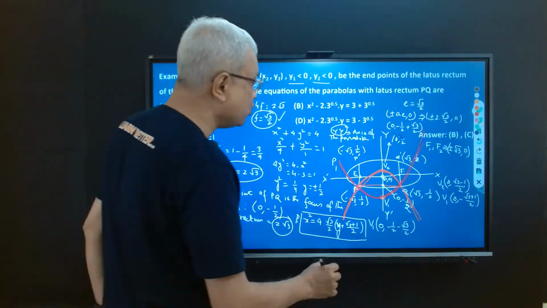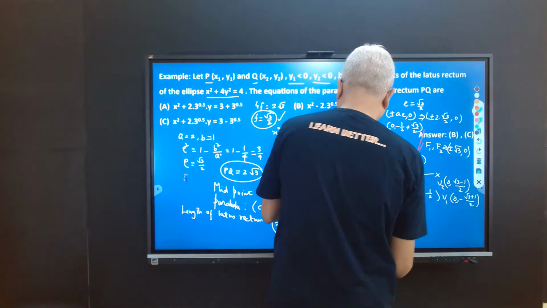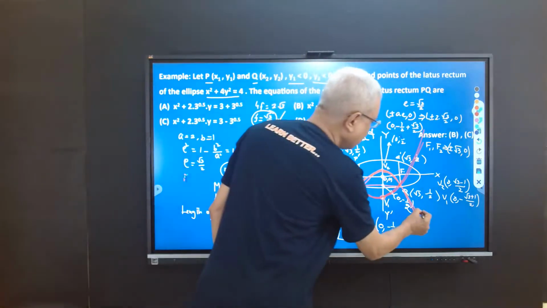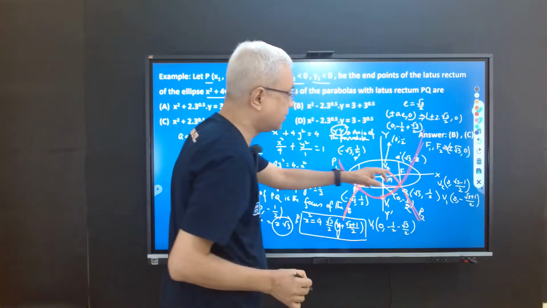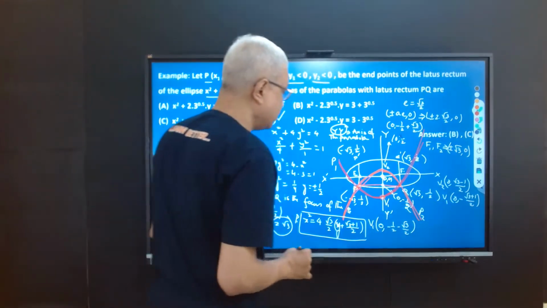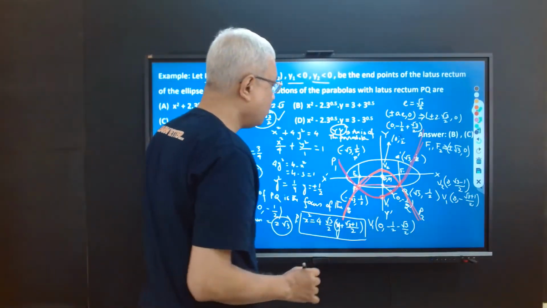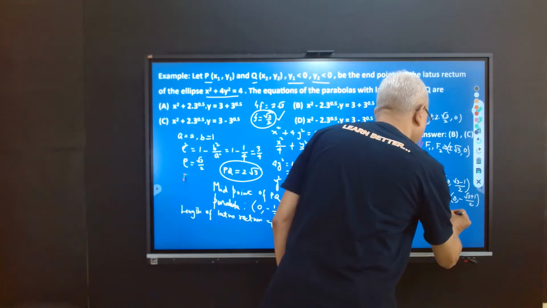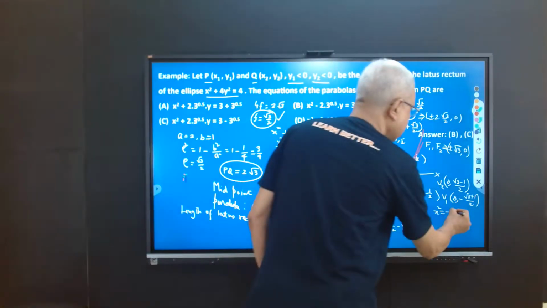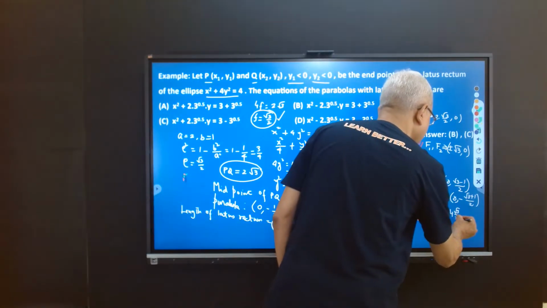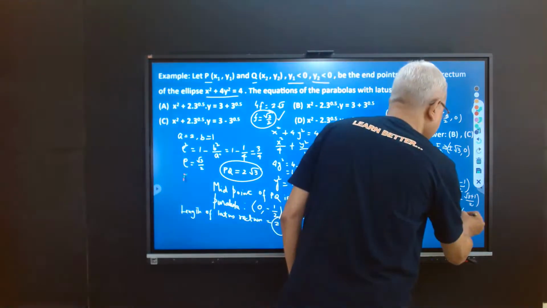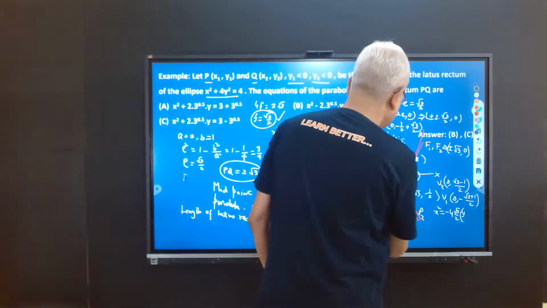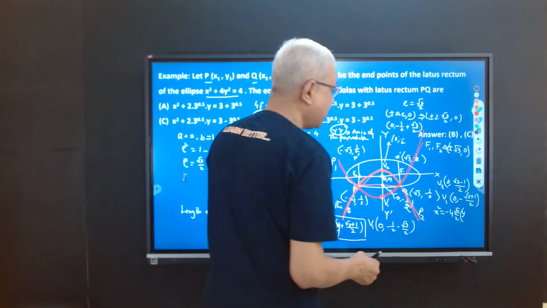And the equation of P2, if I call this orange parabola P2, whose vertex is at (0, (root 3 minus 1) by 2), its equation will be x square equal to minus 4 into focal length, into y minus this vertex. This vertex V2 we have found, (root 3 minus 1) by 2.